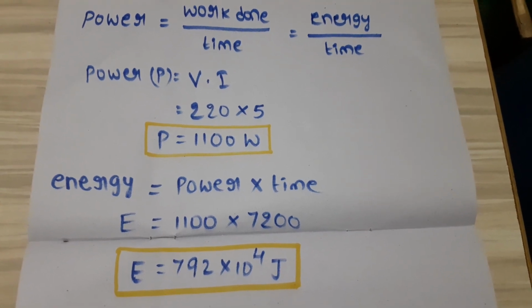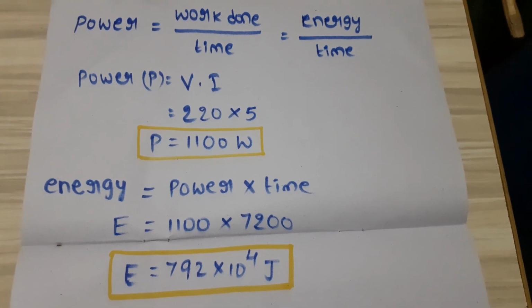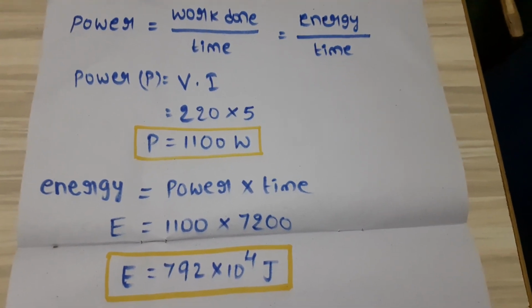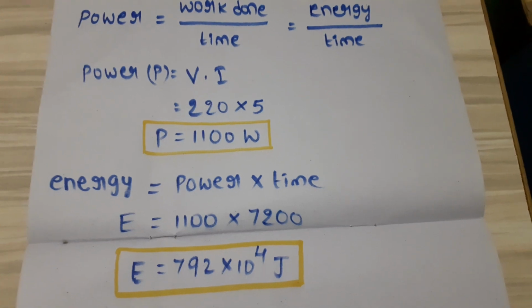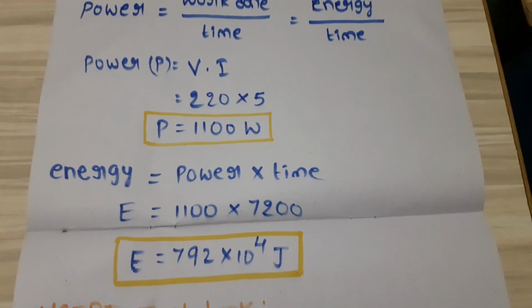Potential difference 220, current 5 ampere. So P equal to 220 into 5, 1100 watt power.